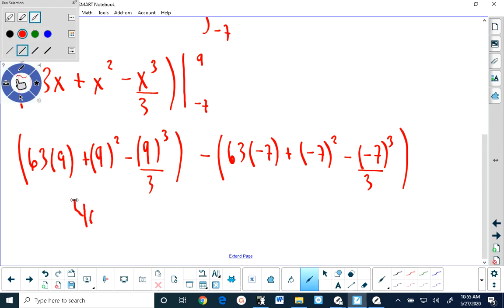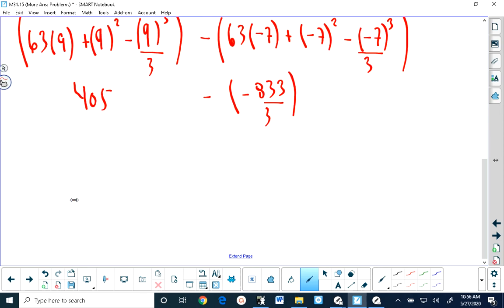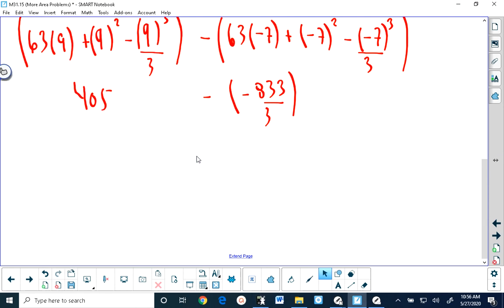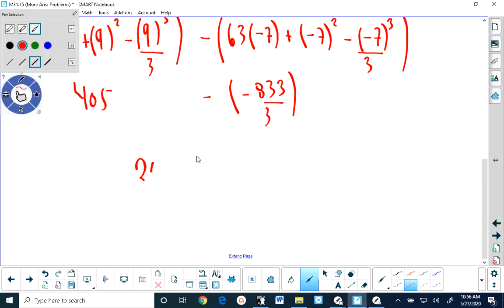So we get 405 minus -833 thirds, which is kind of weird, but let's just play it out and see what happens. 405 minus my answer gives me 682.6 repeating, and in fractional form that is 2048 thirds. So 2048 thirds square units.